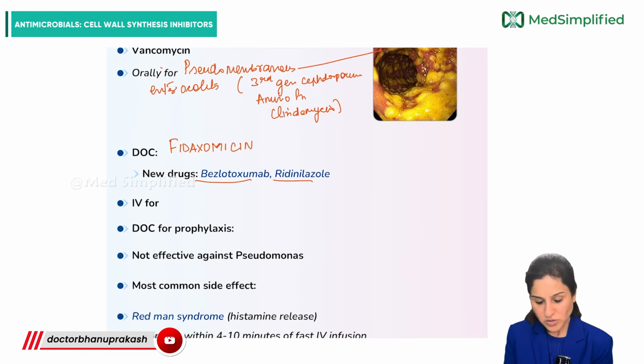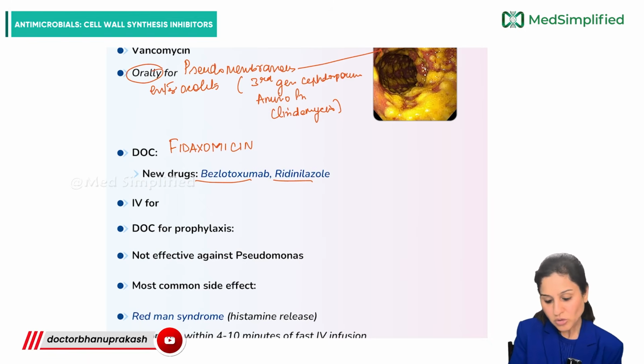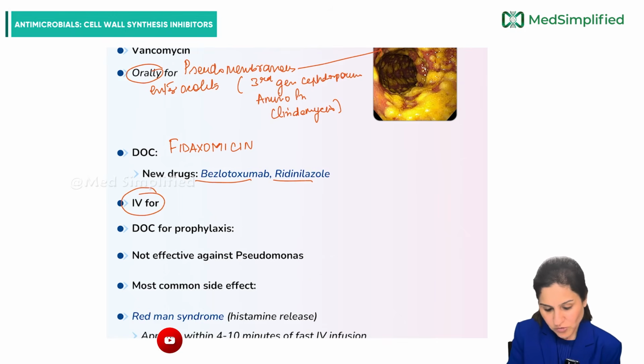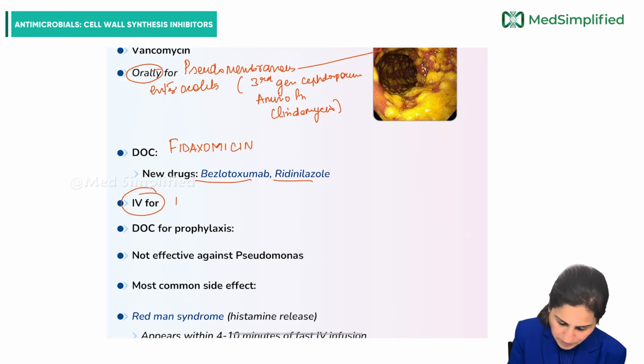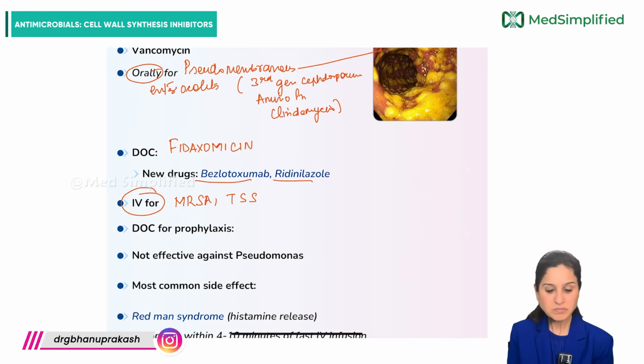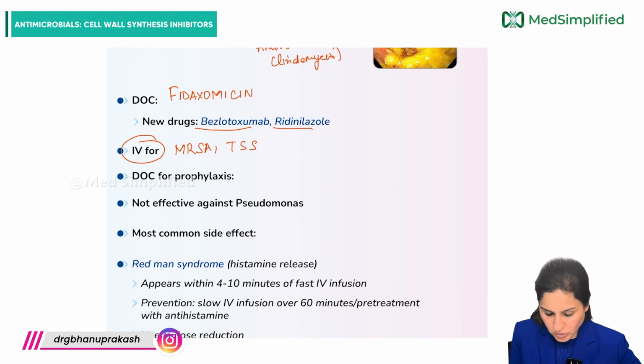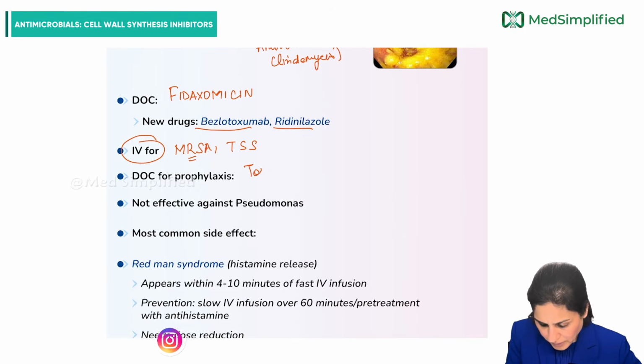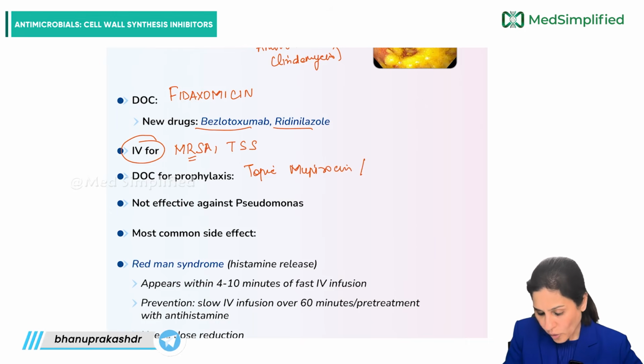Vancomycin IV. What we discussed was the oral route. So where do we use it IV? We just did for MRSA. We use it even for toxic shock syndrome. Right? So what is the drug used for prophylaxis of MRSA? Here we use topical mupirocin or bacitracin.